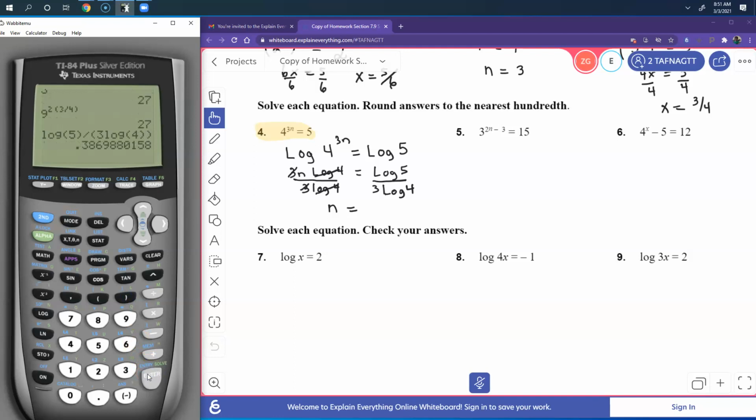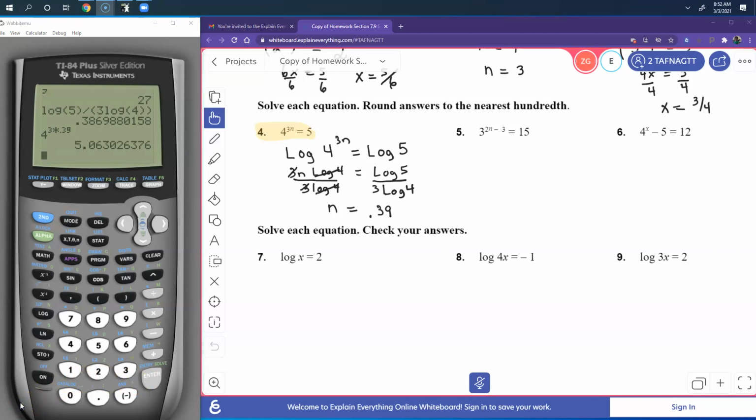And it says round off to the nearest hundredth. So it's going to be where the digit is 8. So it's 0.39. And if you want to check, you have 4 raised to the power 3 times 0.39, and we should get close to 5. And we do.